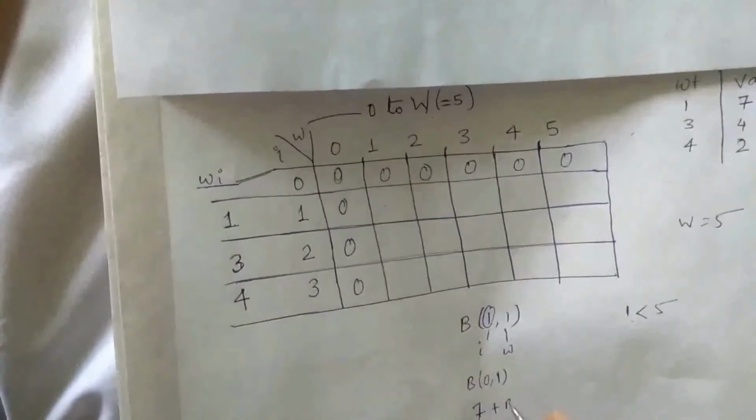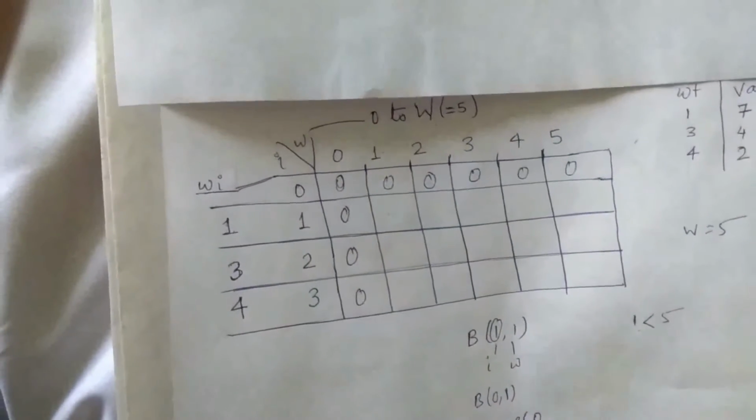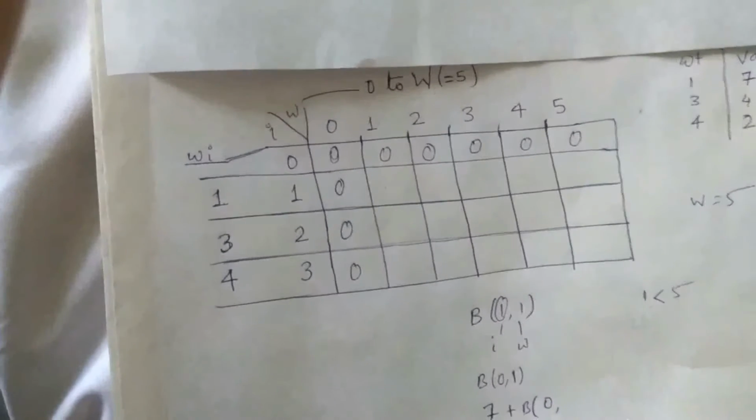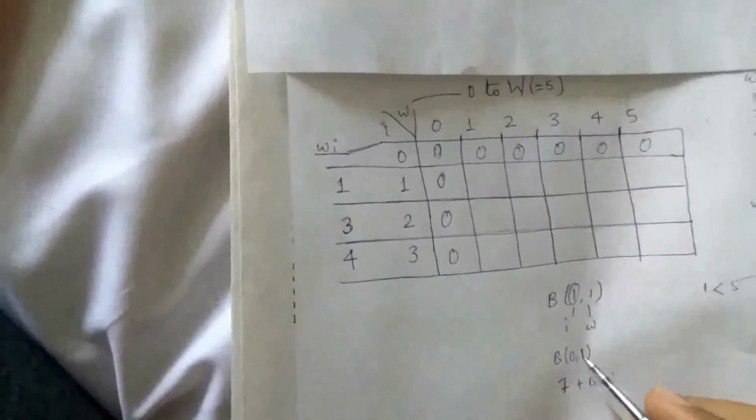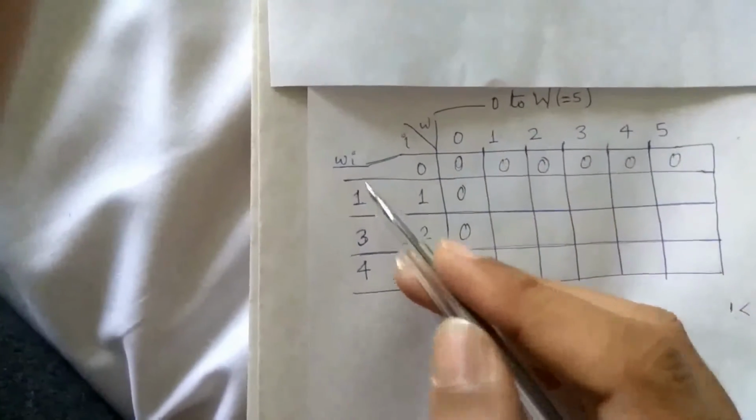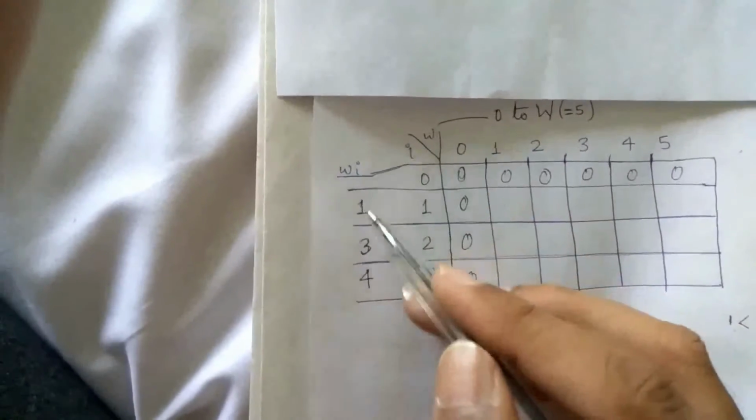What is the benefit of this item? The benefit of the i-th item is 7. So 7 plus B0. If we are picking this item, we will reduce the weight here, W minus wi. Previously it was 1, right, and we will do W minus wi, that is 1 minus 1, which will be 0.